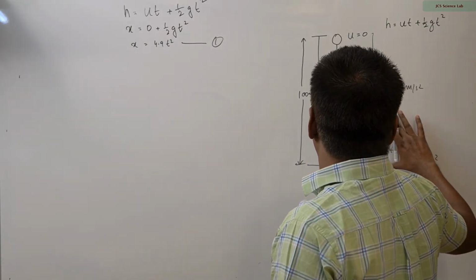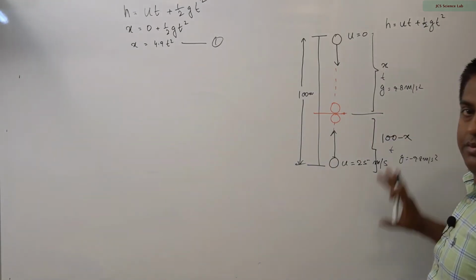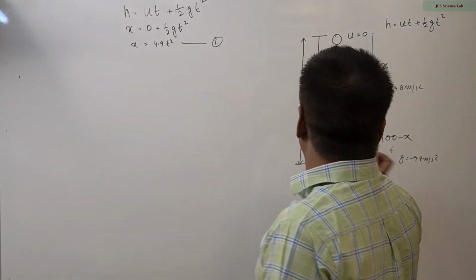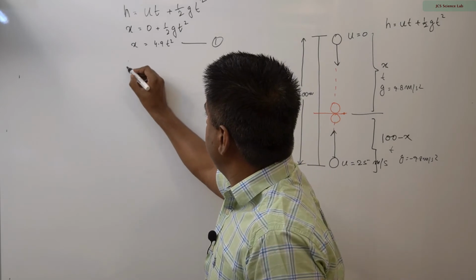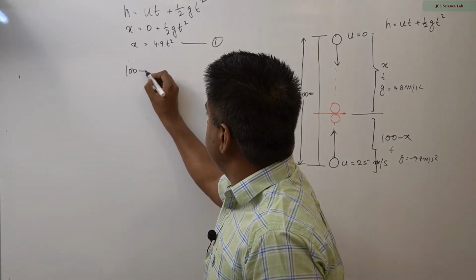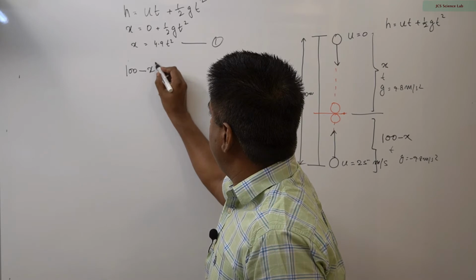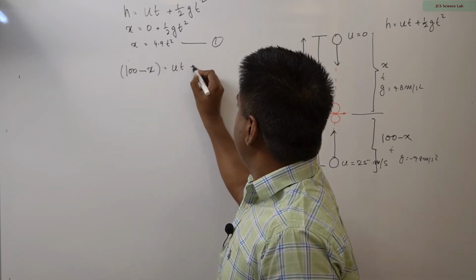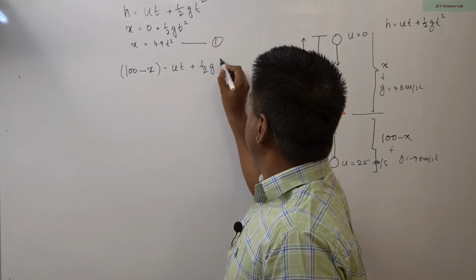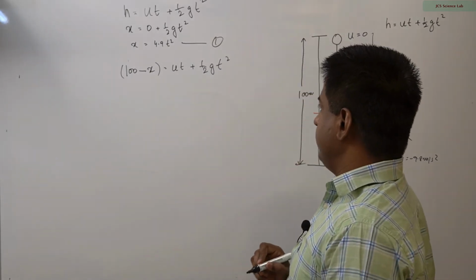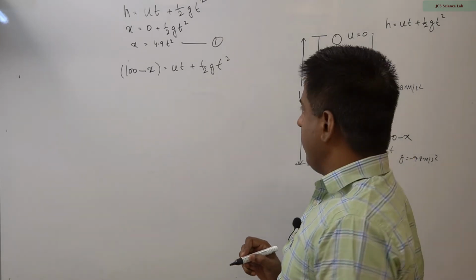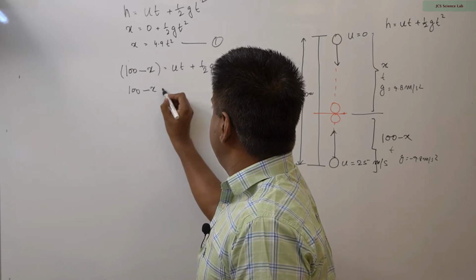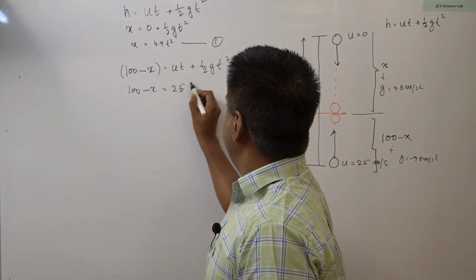Now we will write the equation for part 2, vertically upward. Here height is 100 minus x, which is equal to ut plus 1 by 2 gt square. So 100 minus x is equal to 25 into t.